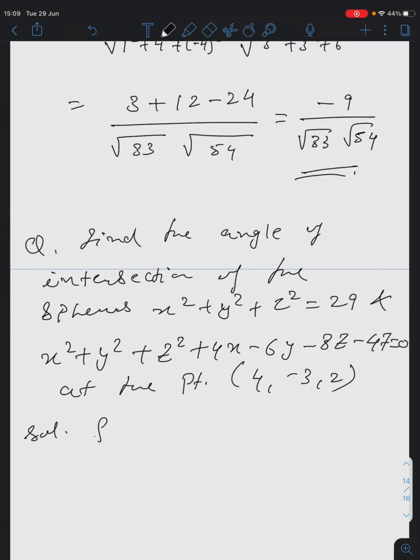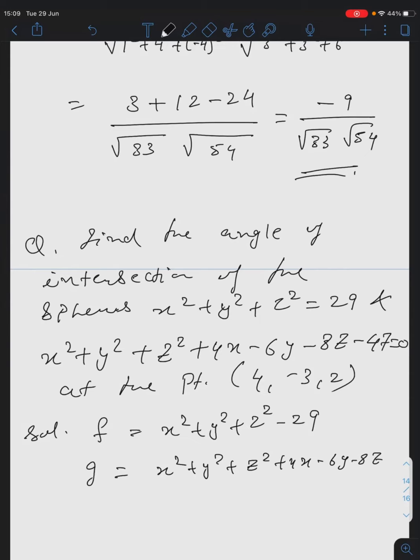Okay, so you assume f to be the first one, x square plus y square plus z square minus 29, and g some other function which is x square plus y square plus z square plus 4x minus 6y minus 8z minus 47. Now you need to again in the same manner find n1 bar, n2 bar. So n1 bar will be related to this one, n2 bar will be related to this one.